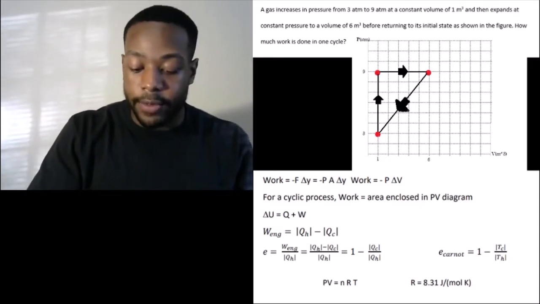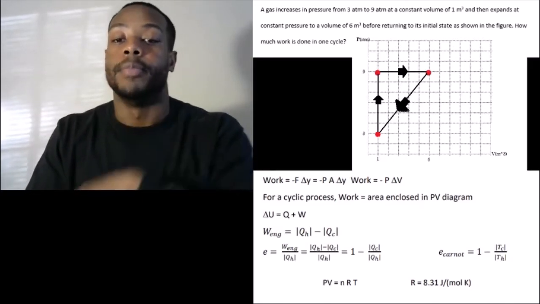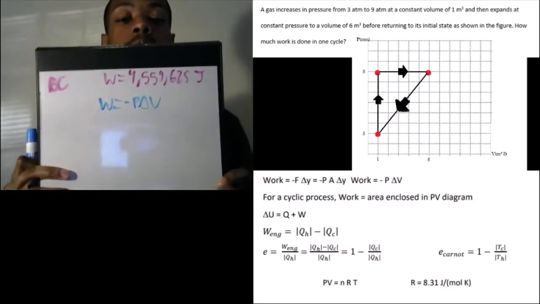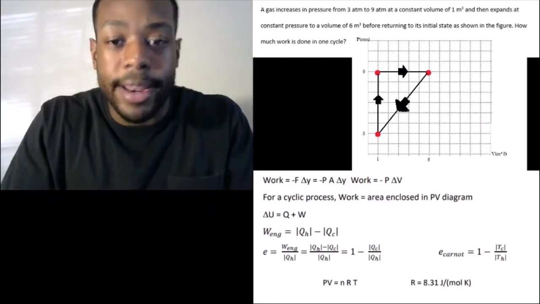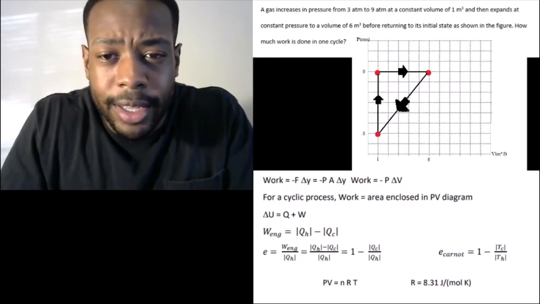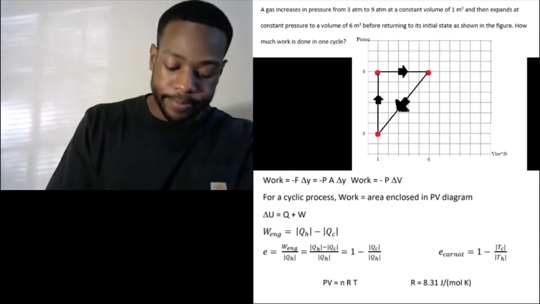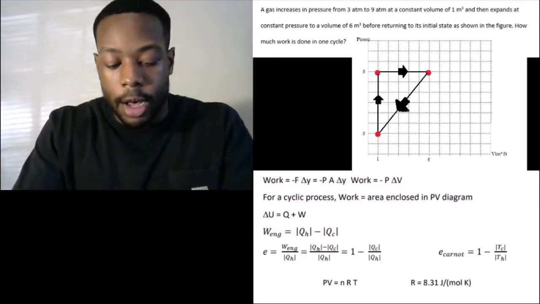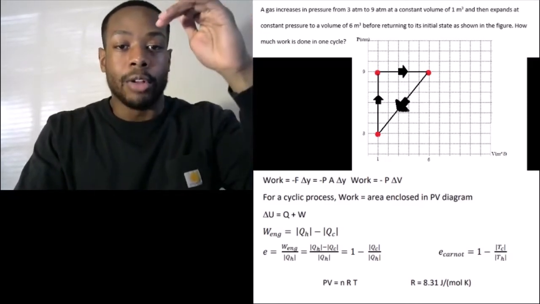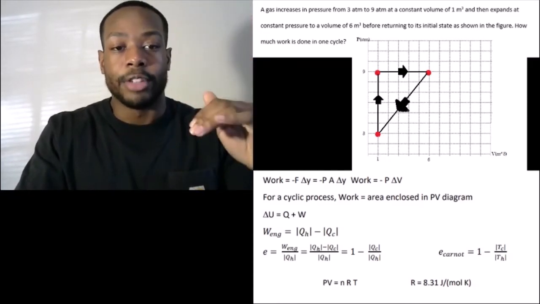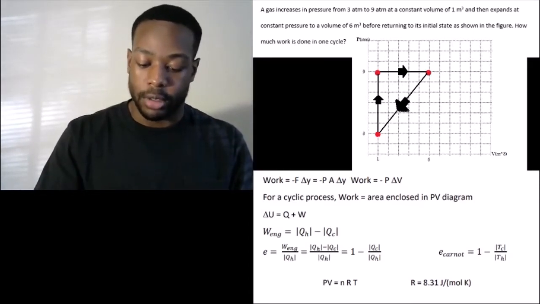We're getting negative P delta V, right? I'll show you that. Pressure here, or our height, would be 9 minus 3. Do we see that? It's 9 minus 3 here because the top of the triangle is at the 9, the bottom of that triangle is at the 3. And that's a good way of helping you visualize that as well.